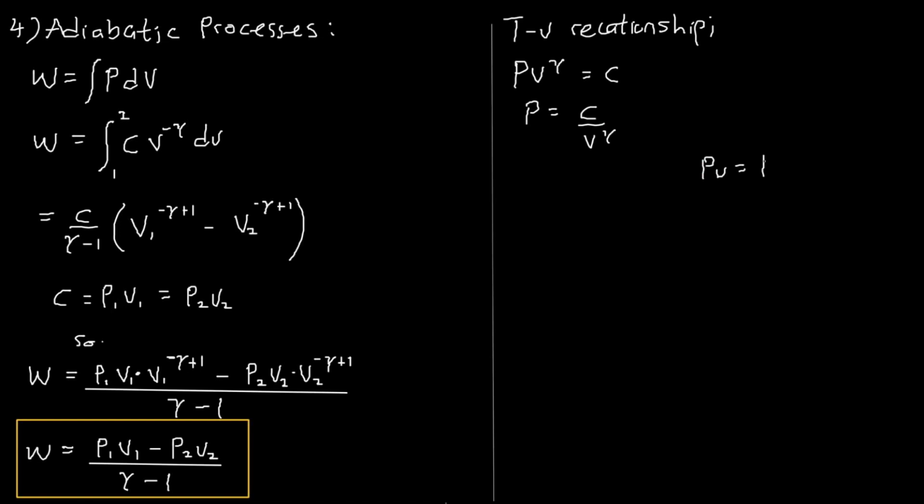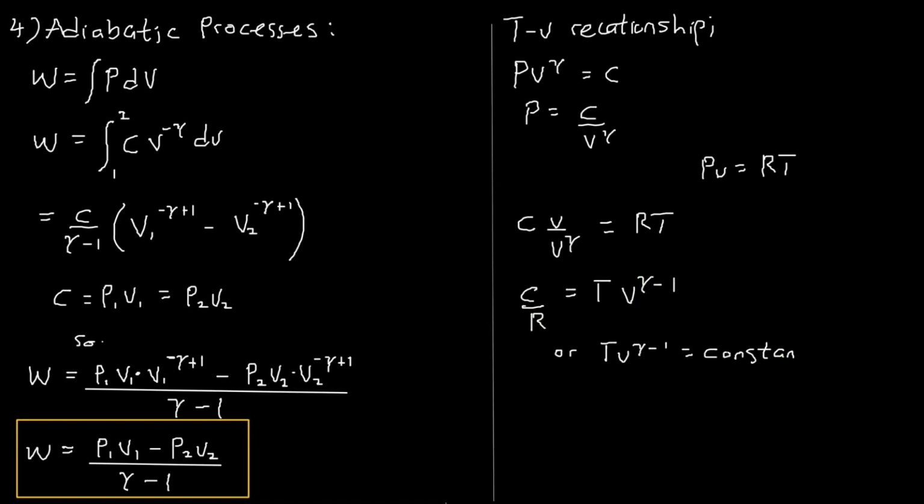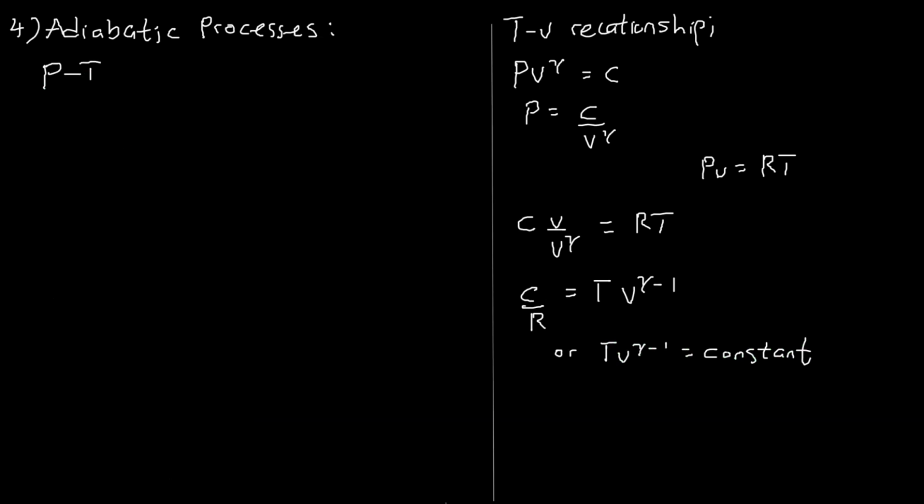Substituting into the ideal gas equation, we have C over V to the power of gamma times V equals RT, or C over R equals TV to the power of gamma minus 1, which makes TV to the power of gamma minus 1 constant.